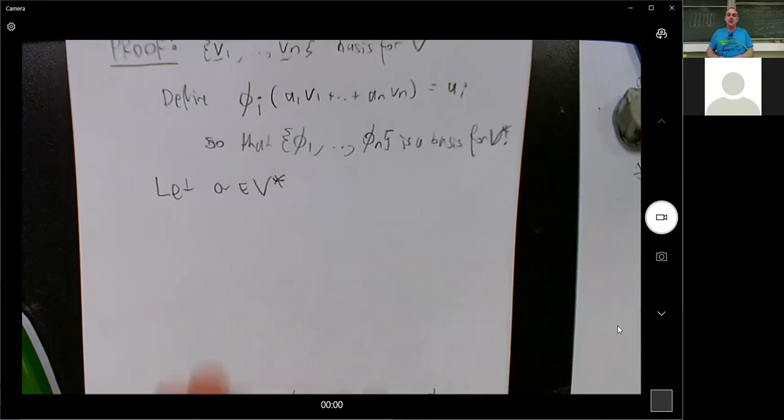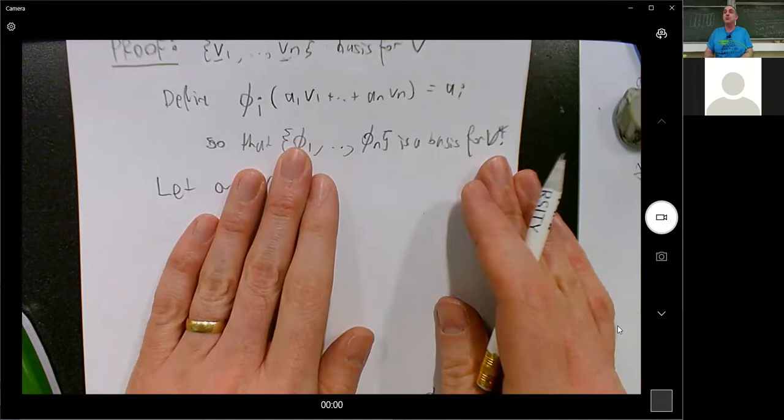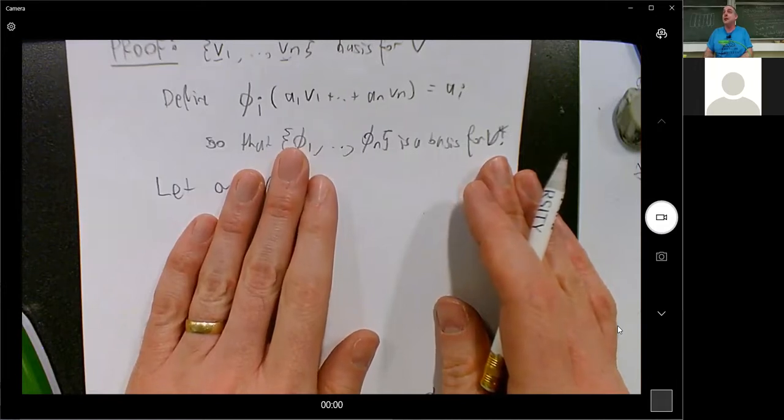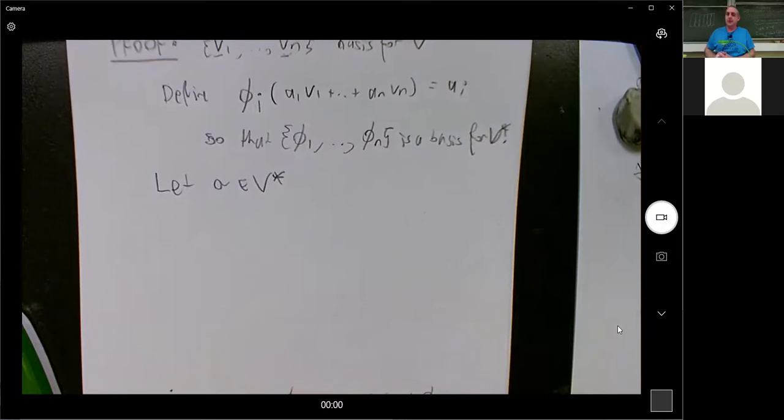Now, since it is in V star, and these really are a basis for V star, it must be possible to write it as some linear combination of those things. It must be, because it is a basis. I'm sure the previous proof shows us how we could know that it really is a basis.